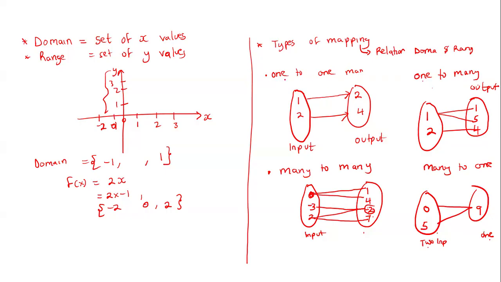An example here, we can give 1 to 1 in real life. It's like having every child has one mother. So you cannot be having more than one mother. So one child, one mother. That one we can say is a 1 to 1. However, we can have one mother with many children. That is one to many.